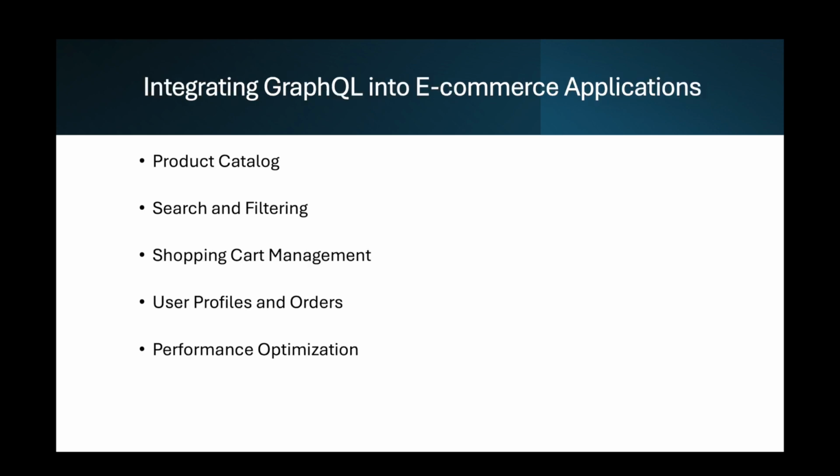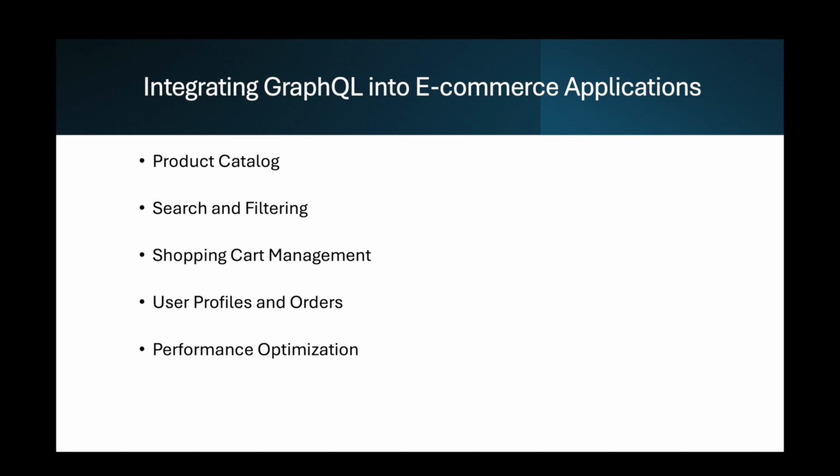How about integrating GraphQL into an e-commerce application? For this, you'll need to have a product catalog, where you design a GraphQL schema to represent products, categories, and other e-commerce entities. You can implement search and filtering, where you can use GraphQL queries to allow users to find products based on various criteria. Shopping cart management. Use GraphQL mutations to manage shopping cart items, update quantities, and process checkout transactions.